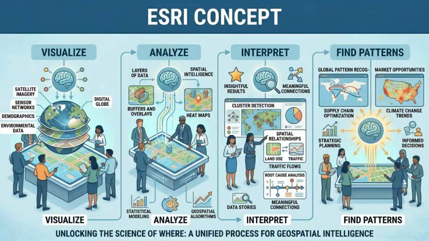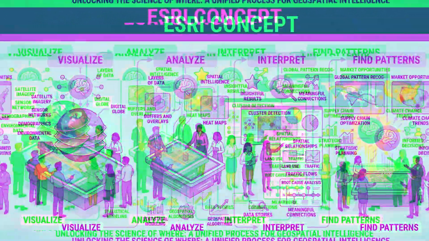ESRI Concept. In addition, ESRI defined GIS as a system that allows us to visualize, question, analyze and interpret data. This helps us better understand relationships, patterns and trends that may not be obvious at first glance.